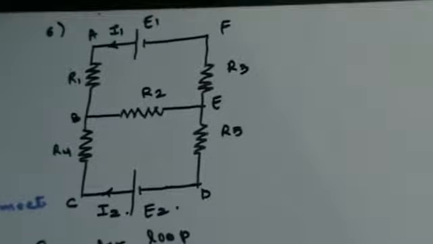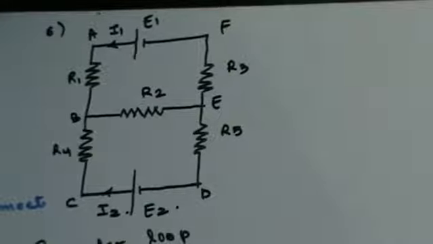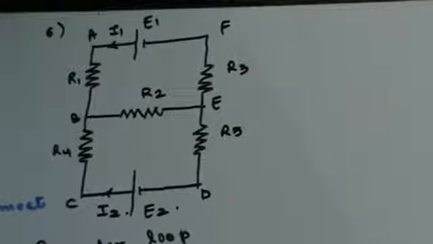Understand this carefully because you need this in numericals also. I am moving from A to B, so the loop is being traced from A to B, and the cell E1 is also sending current from A to B. As per the sign convention, the EMF of the cell is treated as positive if the cell sends current in the same direction in which the loop is being traced.